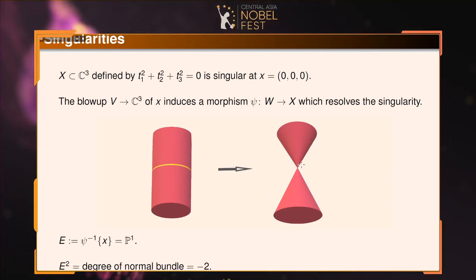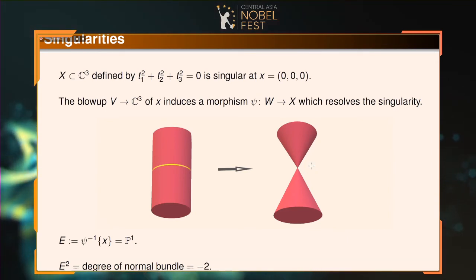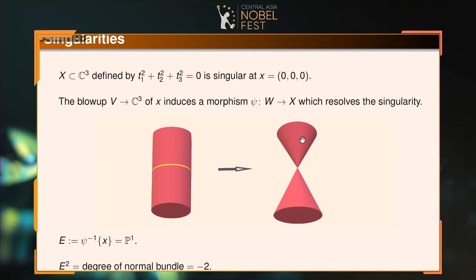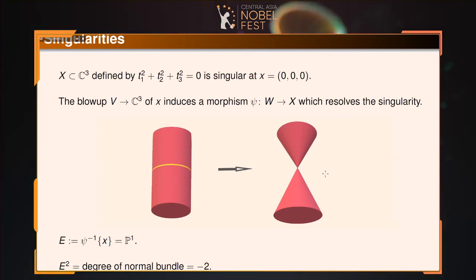But at least if you look at the shape, this is the shape, but this shape is drawn over the real numbers, not over the complex numbers. You can see immediately that at this origin, at this point, it's like if you have two cones and they're attached together at this point. So that point doesn't look like the rest of the shape. So that's why it is singular. However, we can remove the singularity by some kind of operation, which is called a blow-up.